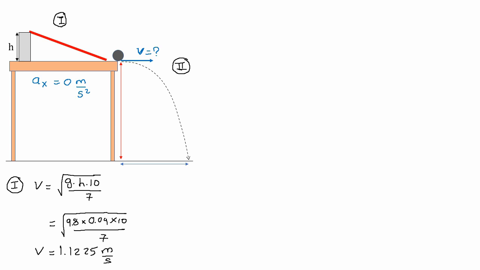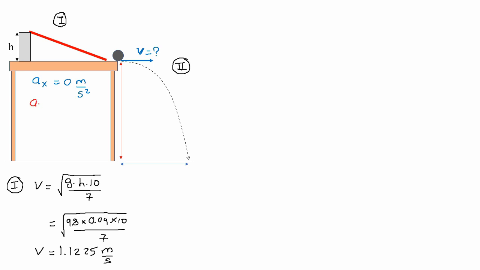We will see next that the time of flight for this ball is very short, and that's why it's a safe assumption that during that short period of time the air resistance doesn't really affect the motion of the ball. So we can assume that the acceleration along the x-axis is 0 meters per second squared.